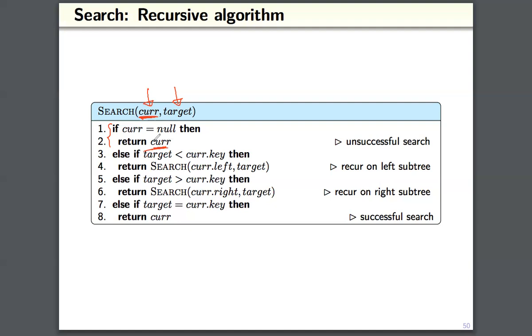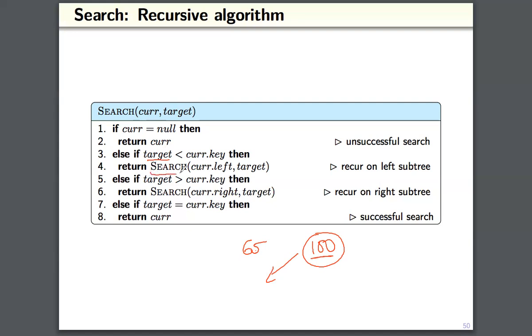Else, if the current is non-null, what do you do? If the target is less than current.key, so you were searching for 65 and you have 100 here, then you go left.